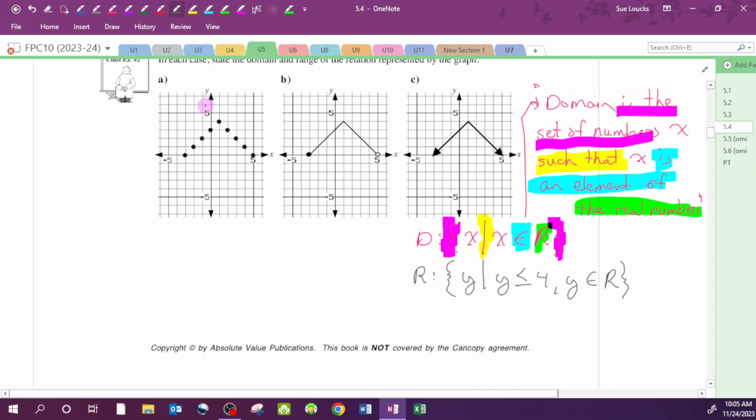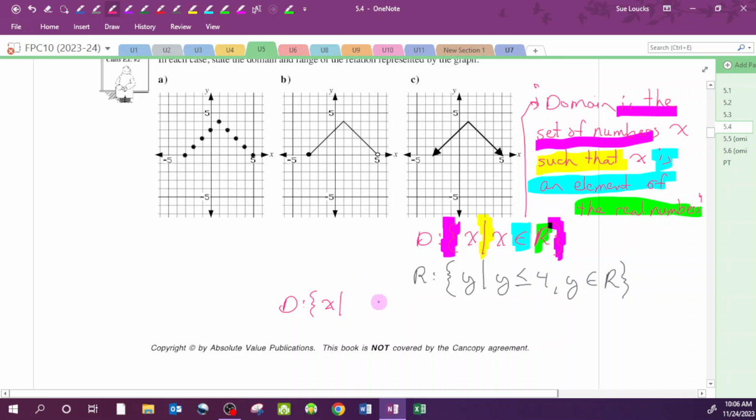Let's do B. Let's do the domain first. I'm going to write it down here because it doesn't quite fit. So the domain is the set of numbers X such that, now X in this case is between two numbers, so I write it down not in the order that it goes in, if that makes sense.